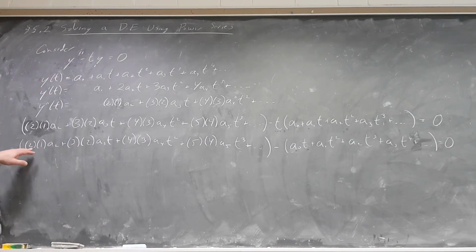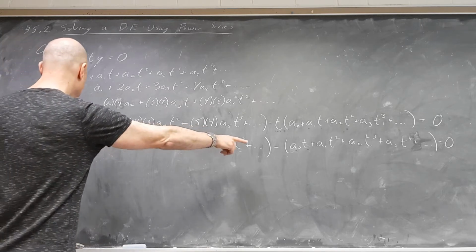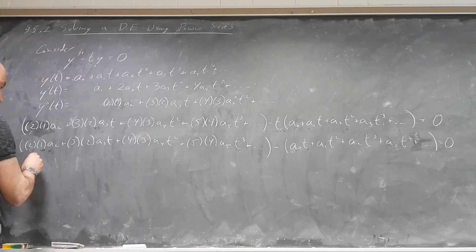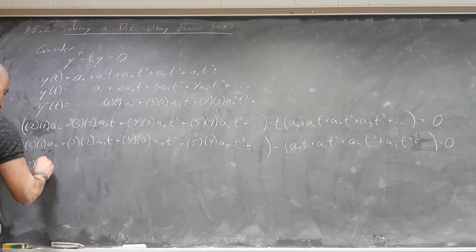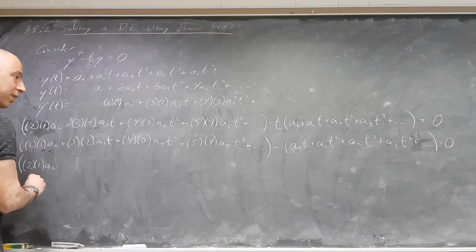So we have a constant term. Let's see. 2A2, and we have a constant term here. We have no constant term there. So we have 2 times 1 times A2. That's my only constant term.